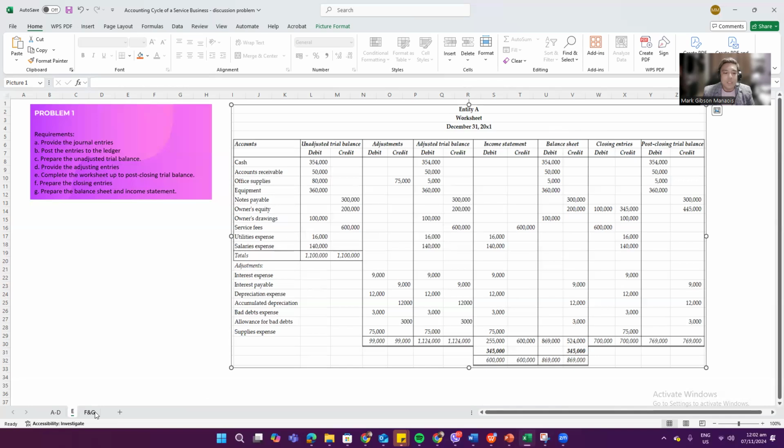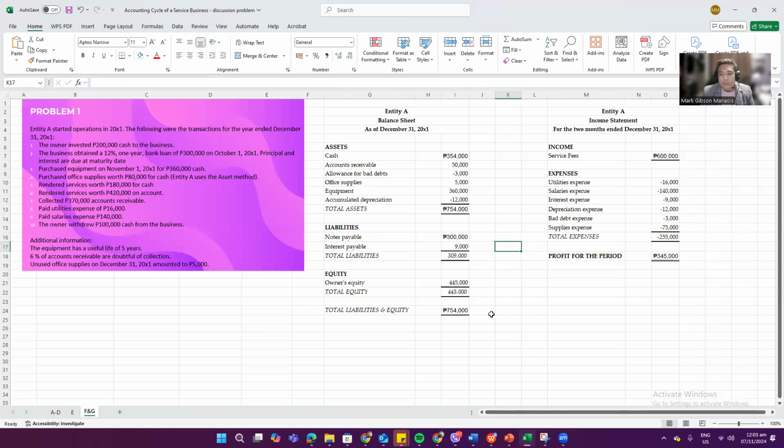So again, what I suggest you to do is you try it on your own and then just compare your answer to this file. Okay. So for the income statement, no, so we have service fees, and then we just listed all the expenses, no, based on our entries earlier. So utilities, salaries, interest, depreciation, bad debt, and then we have the supplies expense, no?